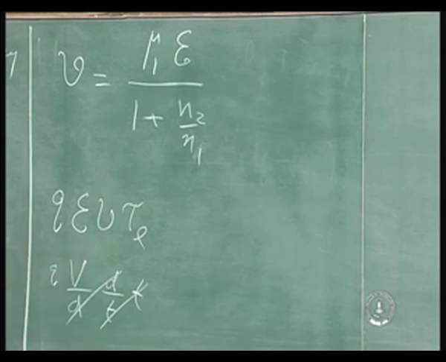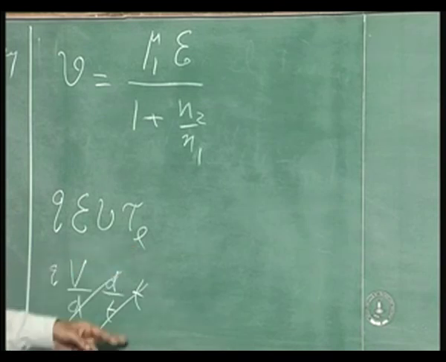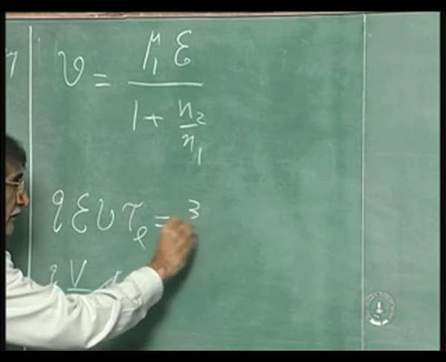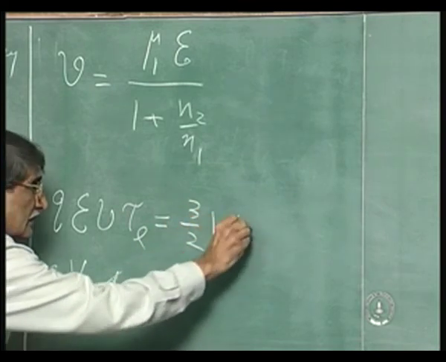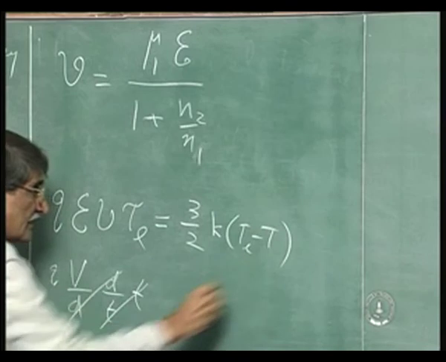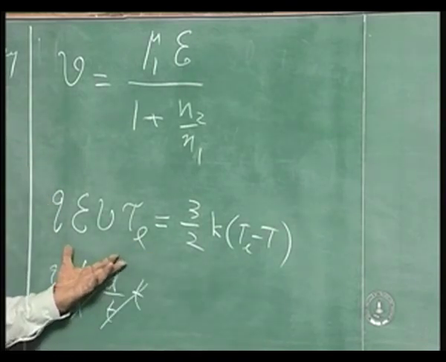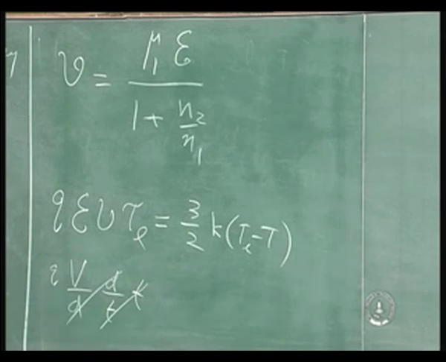I am just showing you that when you write like this, this is the energy that has been lost in that relaxation time tau e. That is, in that time, whatever energy was there, it has lost and come into thermal equilibrium. So, this quantity you put as 3 by 2 k T. This is the energy of the electron. In the relaxation time, it will lose that much energy. So, you make use of this concept.